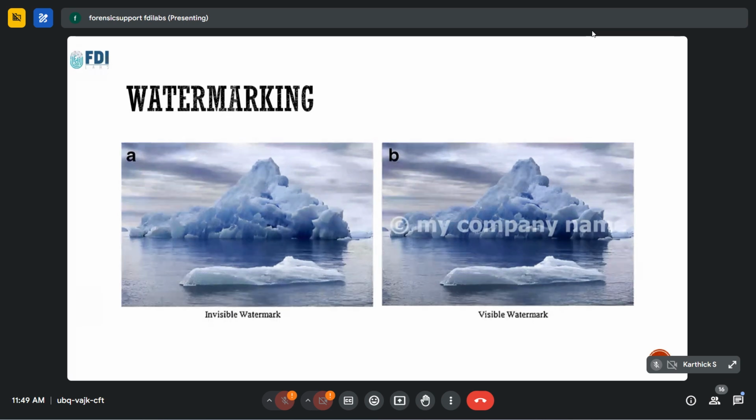The cameras available in our market don't come with the watermarking filter.